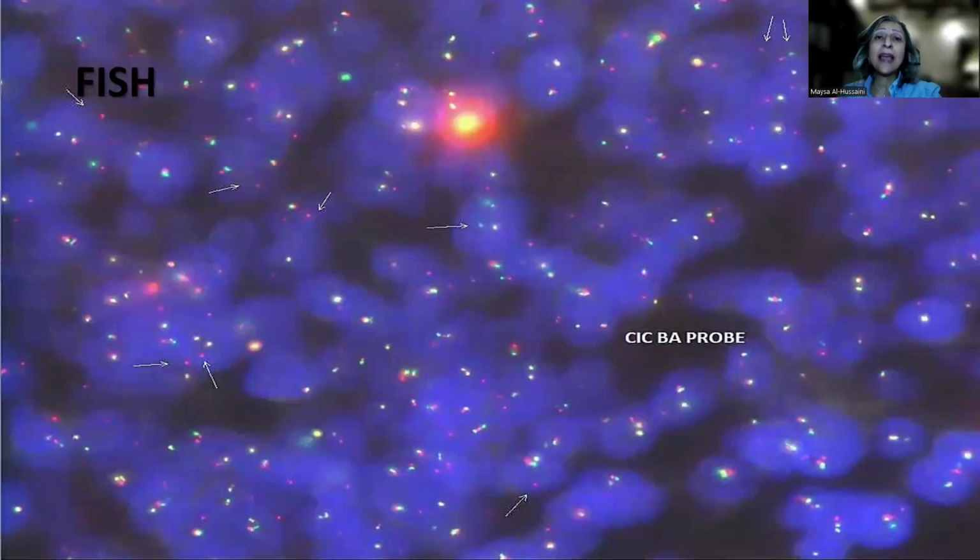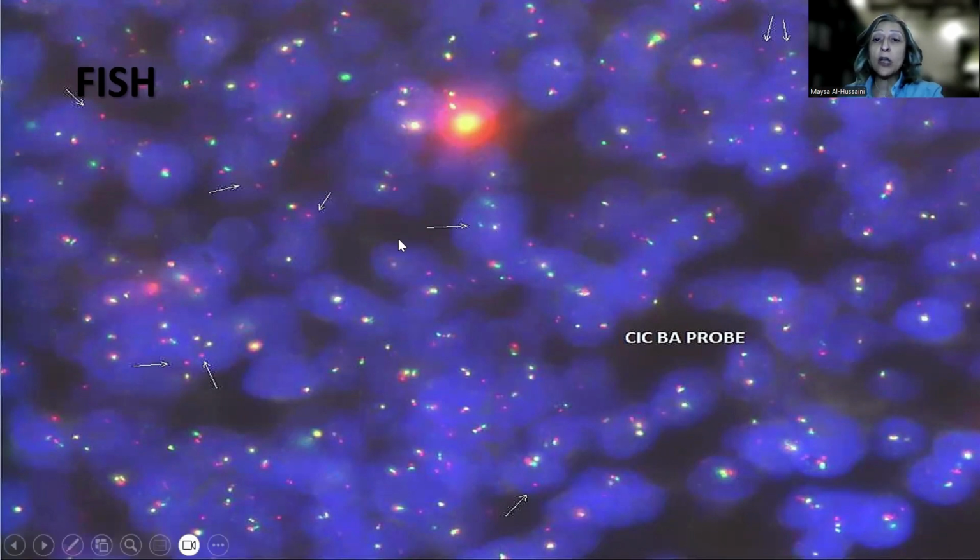So we went back and did FISH, fluorescence in situ hybridization, to look for the rearrangement involving the CIC gene on chromosome number 19, and this is a break-apart probe where you normally see the yellow colored dot, which means that there is overlying signal.